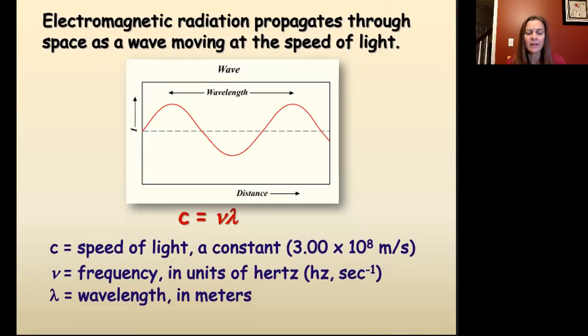So the speed of light is equal to the frequency times the wavelength. Frequency is how many times a peak passes a certain point in units of time. In our case, it's per second. So how many waves are there per second? And then the wavelength is the distance from peak to peak. Again, we're going to measure that in meters.